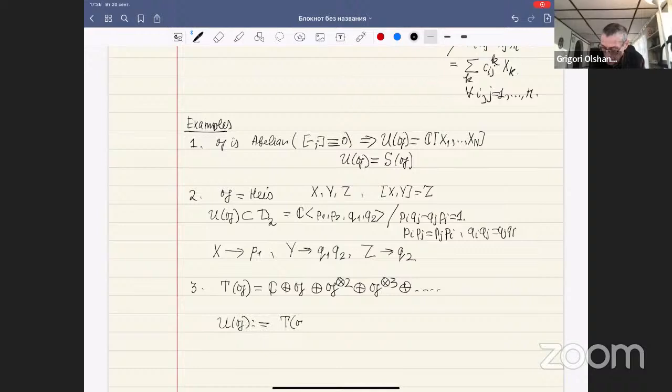We take the tensor algebra, and again we take the quotient over all relations of this type. So here, it's important to understand: the left-hand side is the commutator in the tensor algebra, and the right-hand side is the bracket in G.